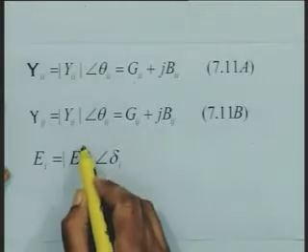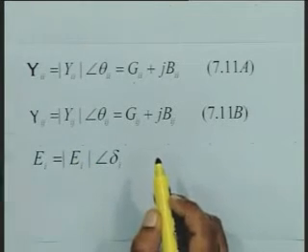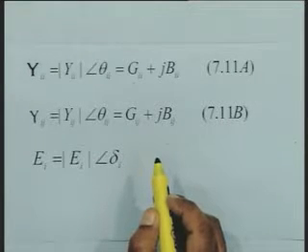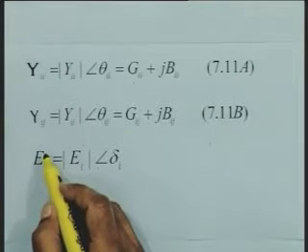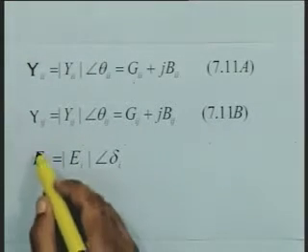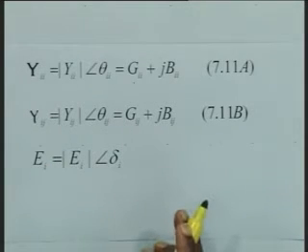Here I am not writing this prime, because once we understand that this is the voltage behind the direct axis transient reactance with the stator resistance included, writing E prime every time is inconvenient. Therefore, we consider that these are the internal voltages and the magnitudes of these voltages will remain constant.